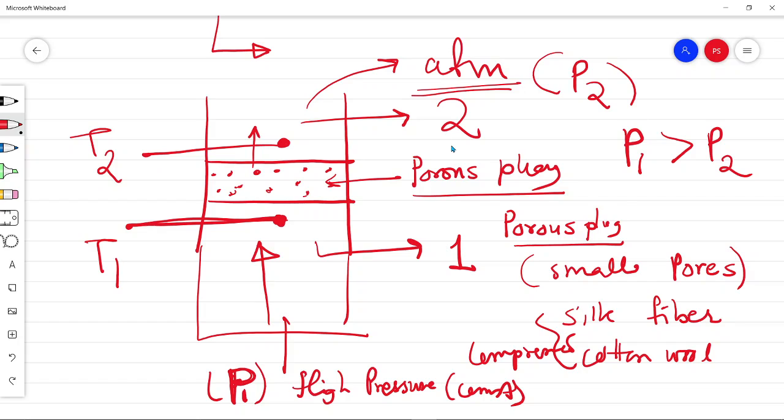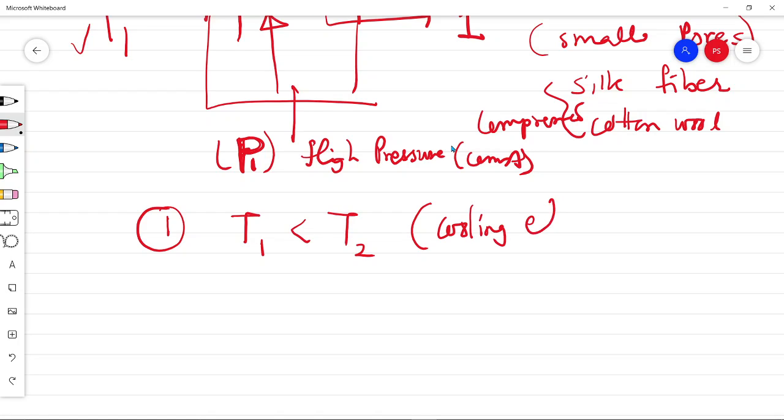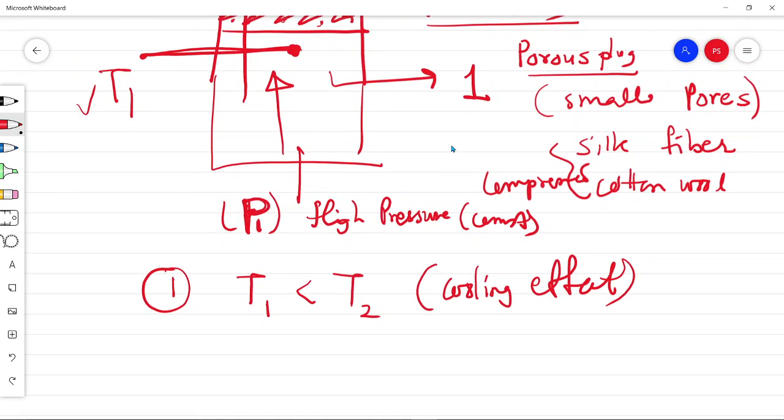So when the gas passes from this region to the other region through this porous plug, the temperatures in the two regions are to be noted down. And it was observed that there are three possibilities. Either T1 is smaller than T2, that is the gas gets cooled. So we observe a cooling effect. Excuse me, the other way around, sorry.